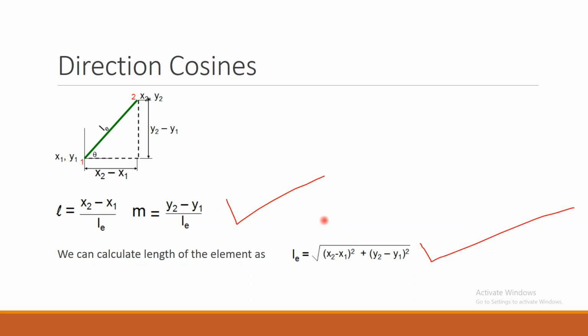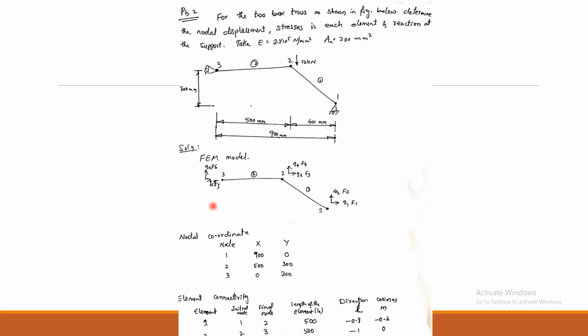These equations are much needed for the later problems. As I said, instead of representing it as 2 and 1, always go for x final minus x initial, y final minus y initial. By considering all these factors, let us go for a problem right now.